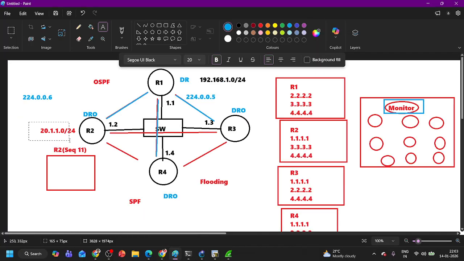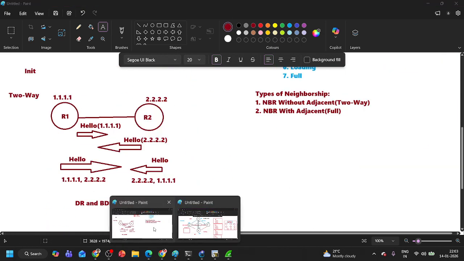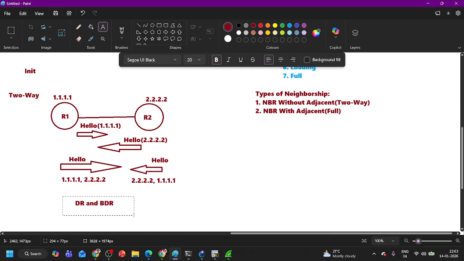When DR other is generating an update message and when the DR router is generating the update message. And this DR and BDR election happens in your two-way state only. And if routers are not able to elect a DR router here, then what will happen?